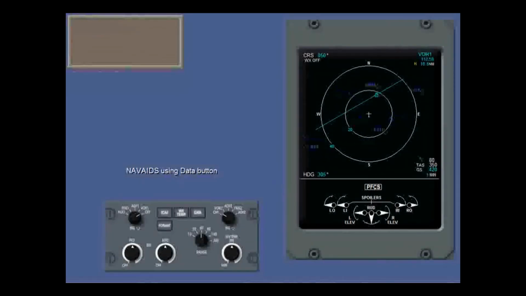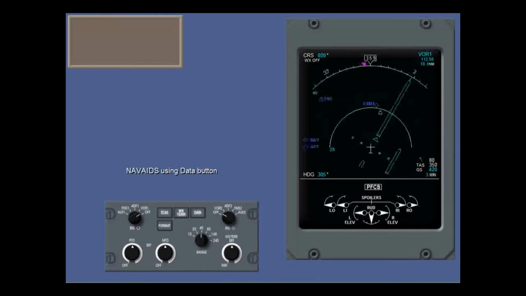The second push shows the 10 nearest airports. Touch the data button again. The third push shows the 10 nearest nav aids and 10 nearest airports. The fourth push removes all nav aids and airports. This is the default state. Note that the data button also works in ARC mode.